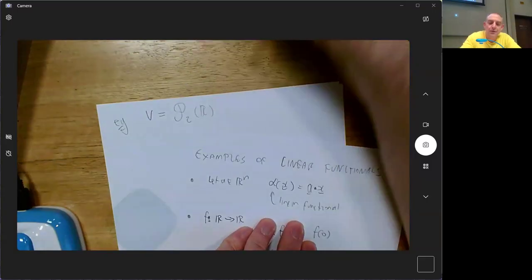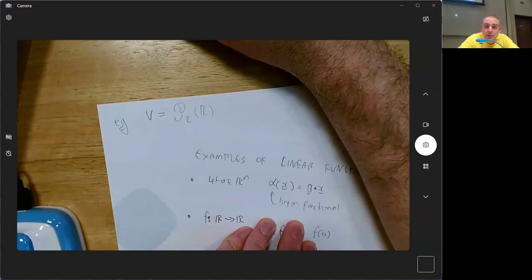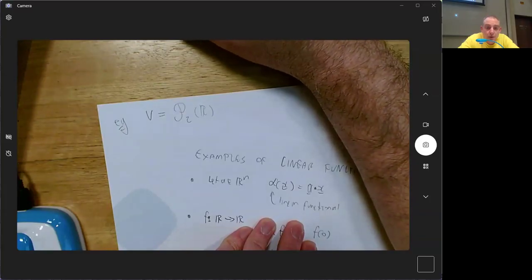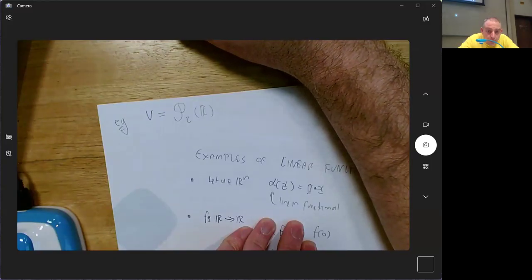Just a second. Right, maybe in the examples. No, I think P must be not polynomials, it must be something else, unless it is.